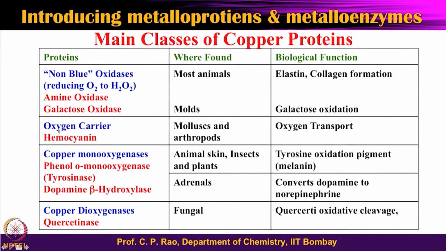Come to another class of proteins, which is the oxygen carrier. We have already seen the oxygen carrier proteins earlier, and we have also combined and compared between the hemoglobin and hemocyanin.